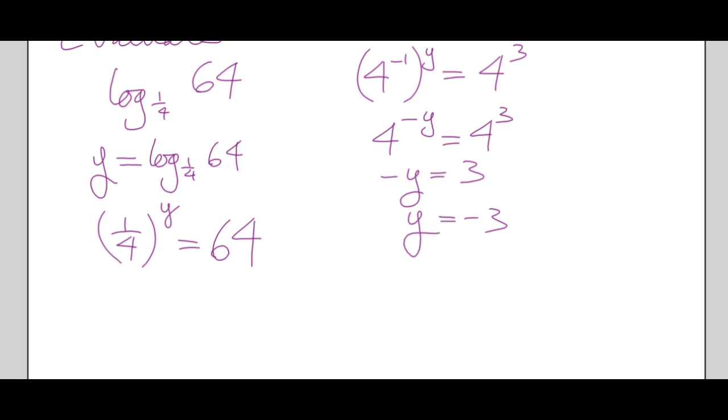And you say, let's take 1/4 to the power of -3, hit enter, should see 64. When we learn the base change formula, you can actually just do the log base 1/4 of 64, and it'll tell you what the answer is. Okay, so in this case, y is equal to -3.